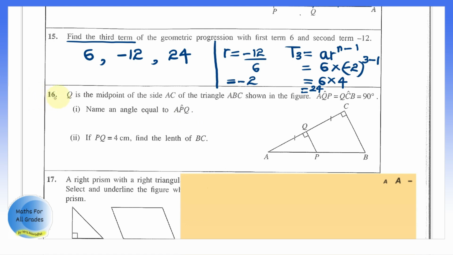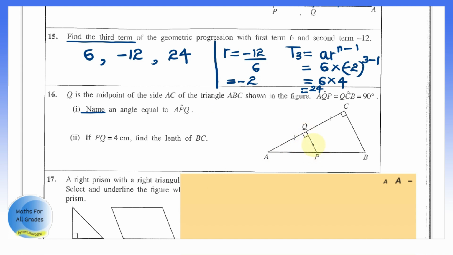Question number 16. Q is the midpoint of the side AC of the triangle ABC shown in the figure. Angle AQP equals angle QCB equals 90 degrees. This is the midpoint, so AQ equals QC, and these two angles are 90 degrees. Problem number 1. Name an angle equal to APQ.